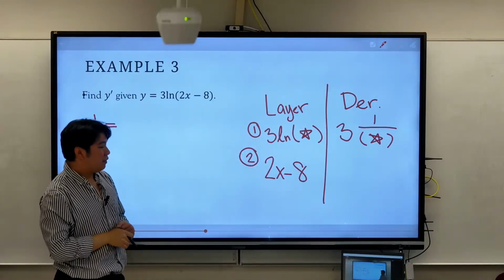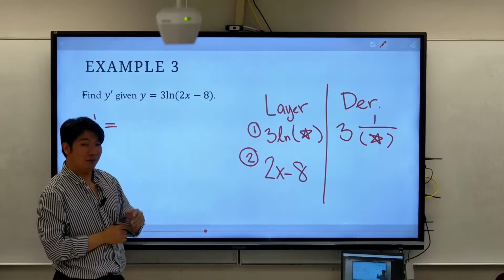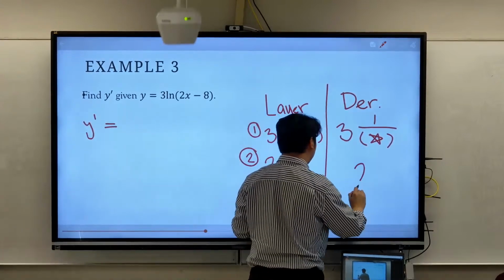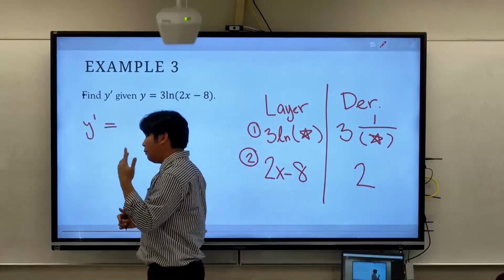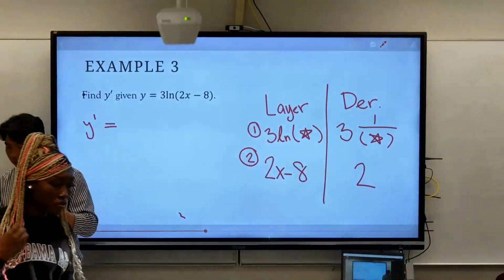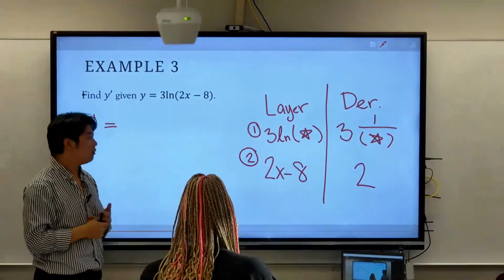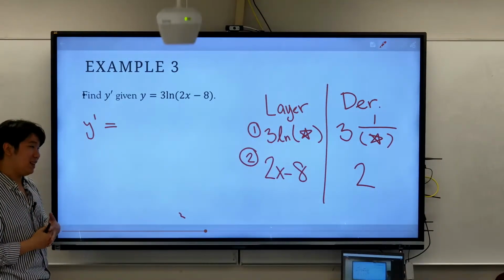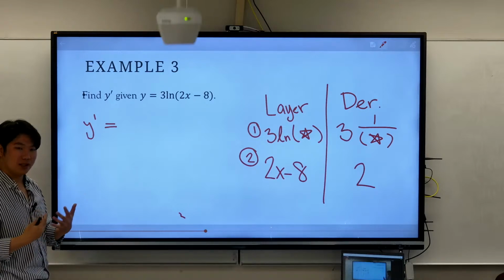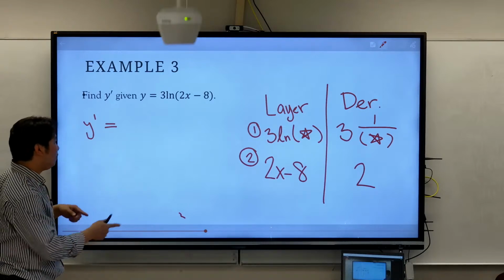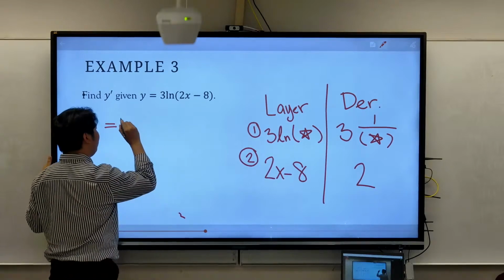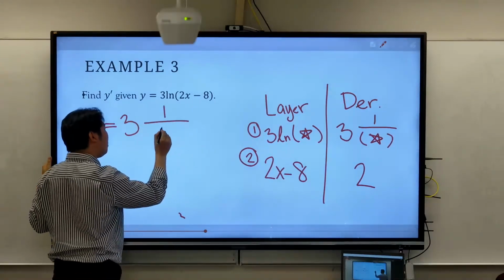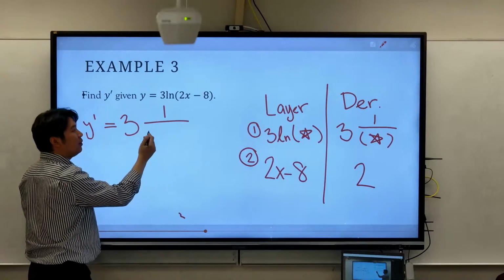What about the derivative of layer number 2? 2. We know that the derivative of 2x minus 8, we just get 2 from a very nice, straightforward power rule. All right, so now I have my layers. I've got the derivative of each layer. Now I just need to put them all together. The derivative of layer number 1 is 3 times 1 over, what am I putting down here in the denominator?